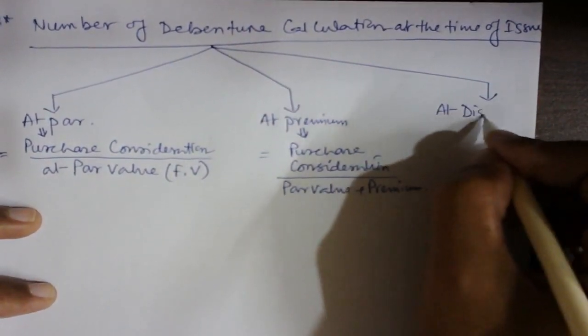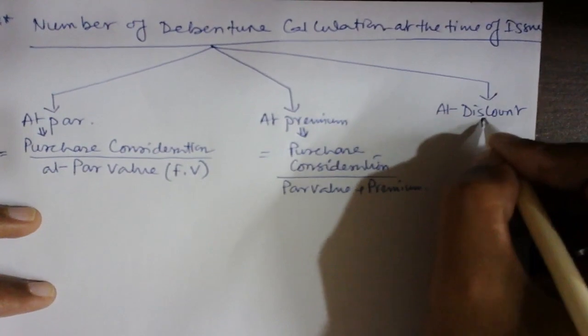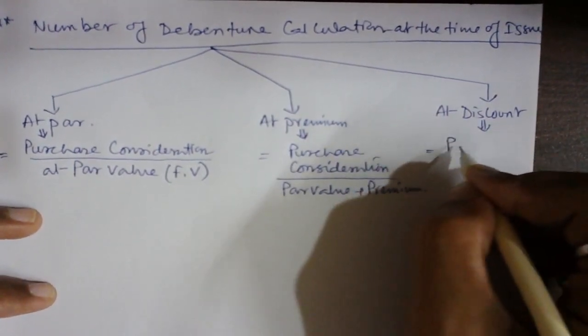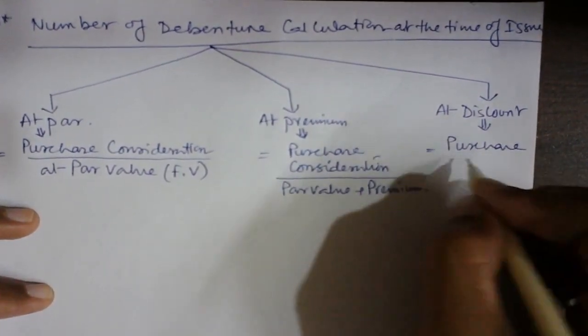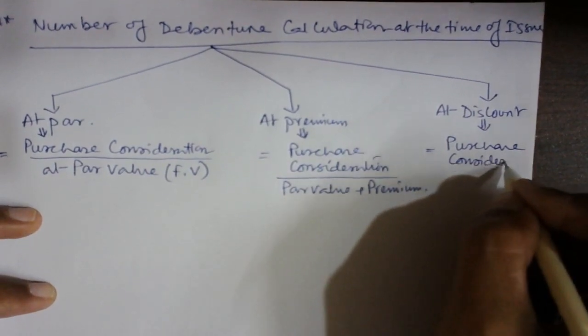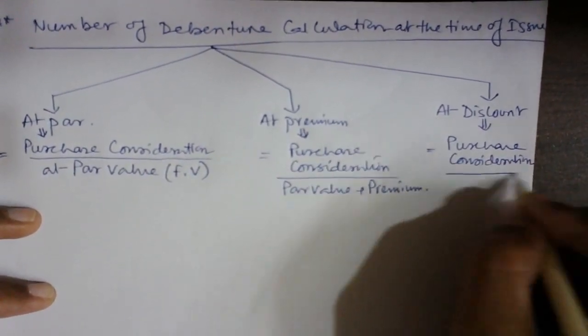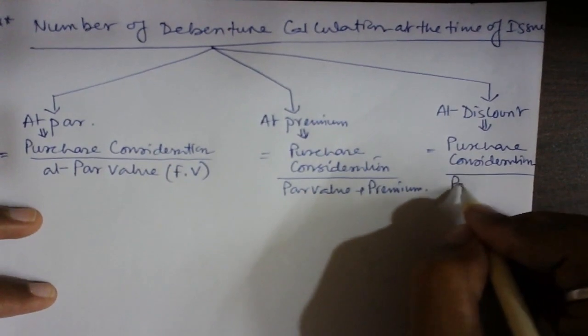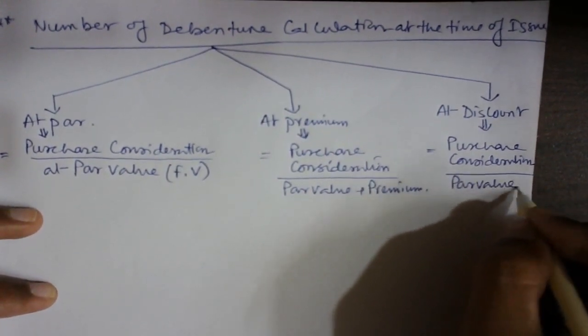At discount: purchase consideration, you can say PC as a shortcut, divided by par value minus discount.